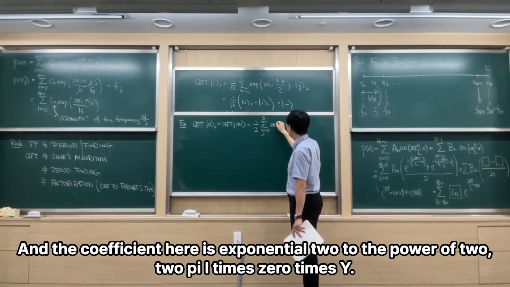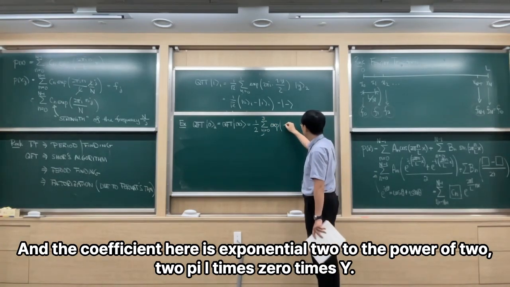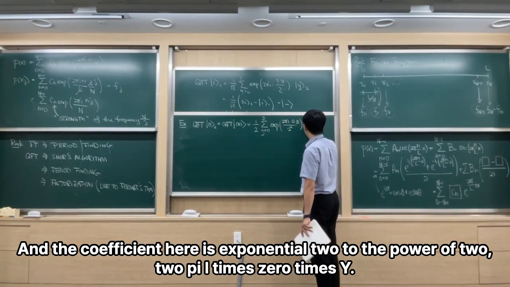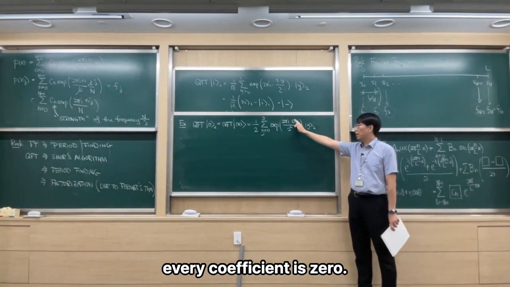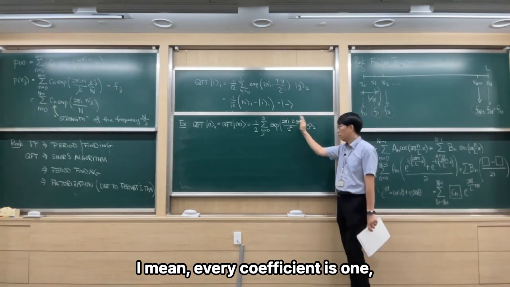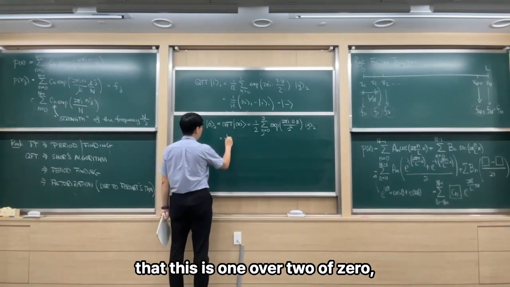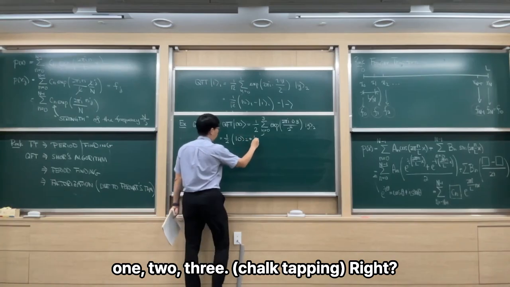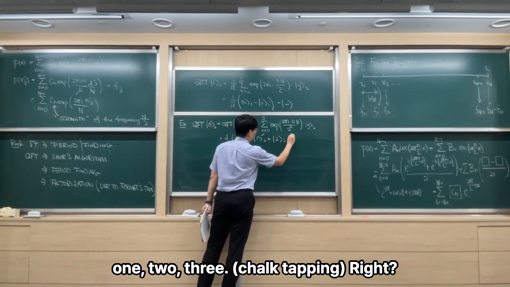And the coefficient here is exponential 2 pi I times 0 times y over 2 squared, right? Because there is 0, every coefficient is 1. So we immediately know that this is 1 over 2 of 0, 1, 2, 3, right?